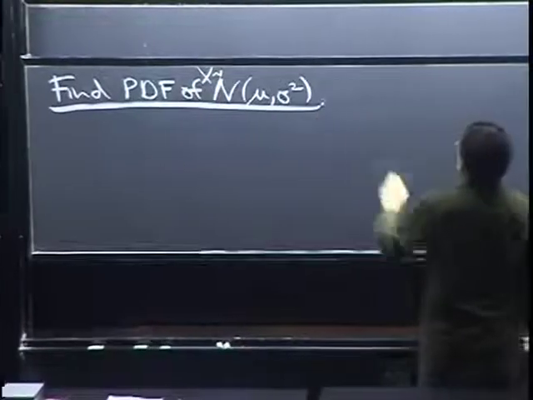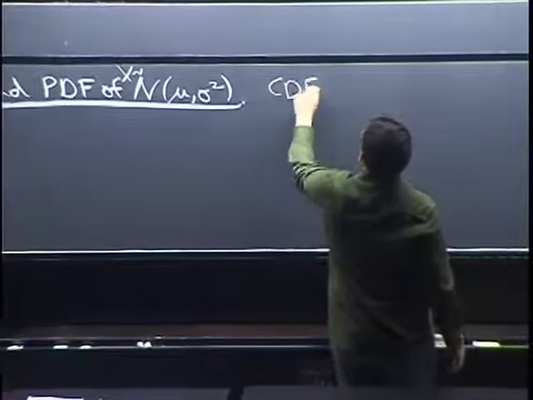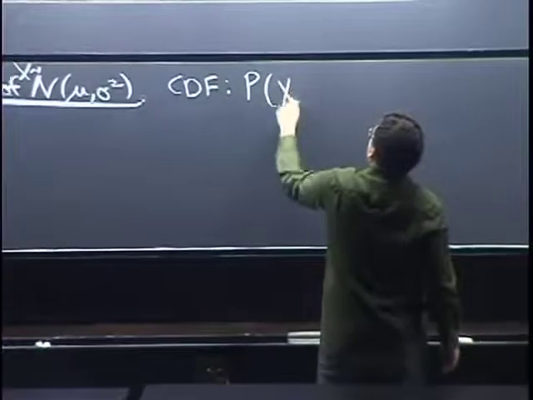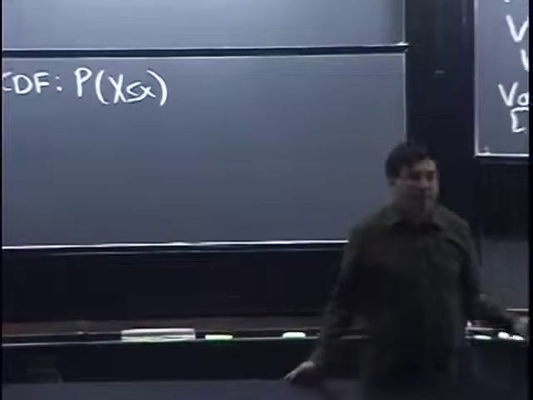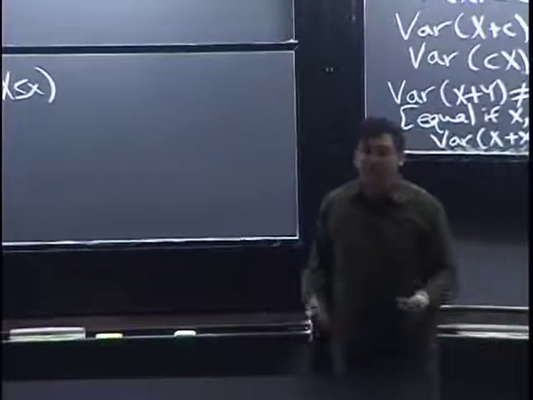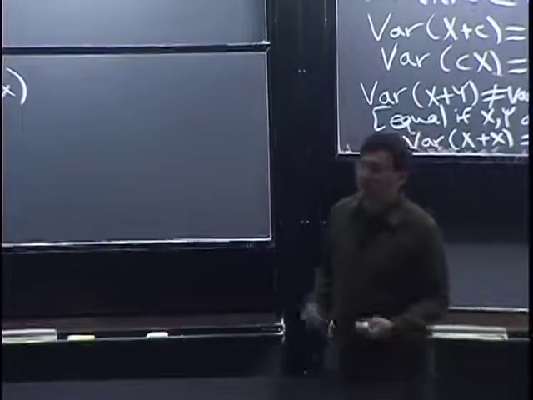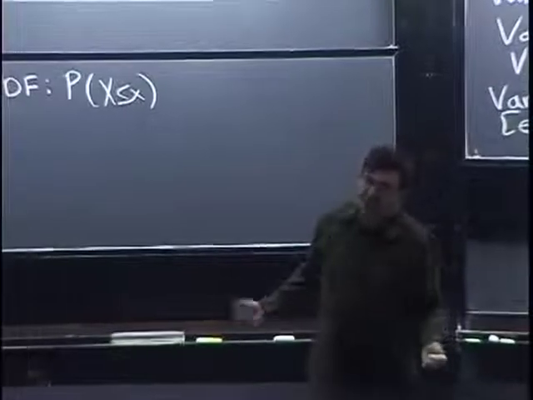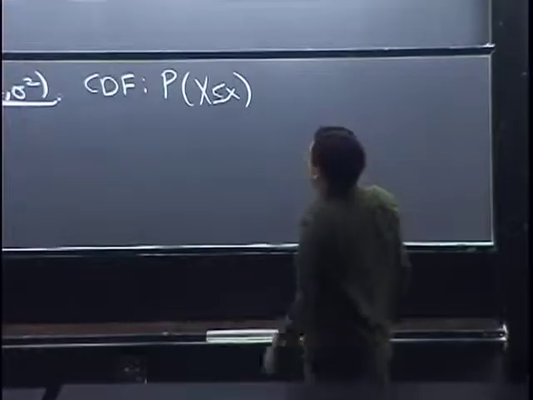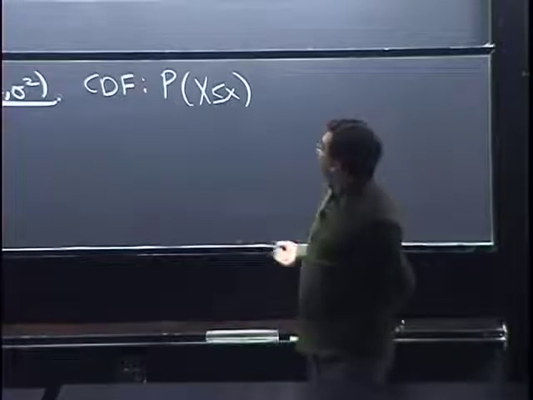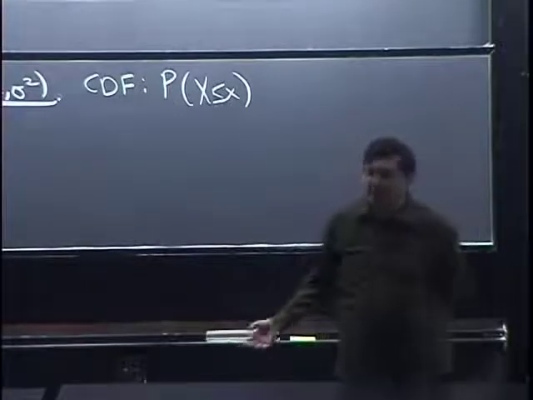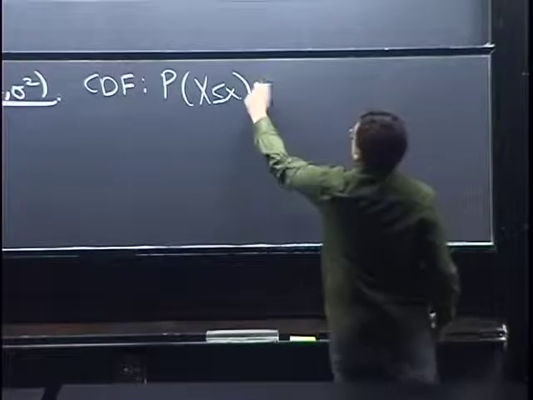So let's find the CDF first. By definition, this is just good practice with CDFs. Everyone here should make sure that you're good at CDFs and PDFs and PMFs, and that just takes practice. By definition, the CDF is this, and now I just told you that a useful trick is to standardize, so let's standardize this.